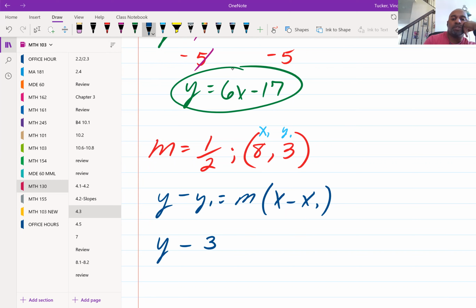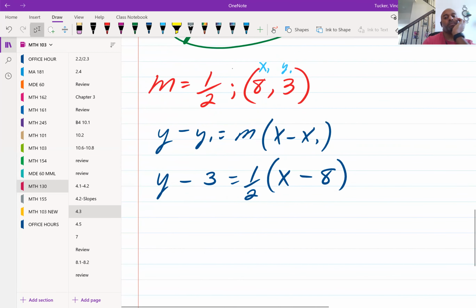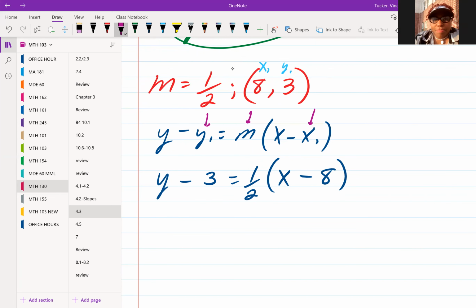That's Y minus 3 equal to 1/2 times X minus 8. Plugged in for Y1, M, and X1. Distribute the 1/2.